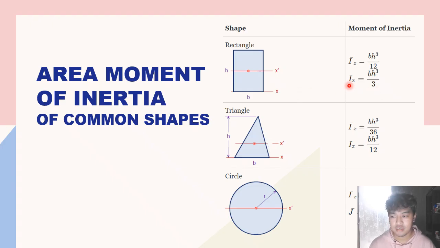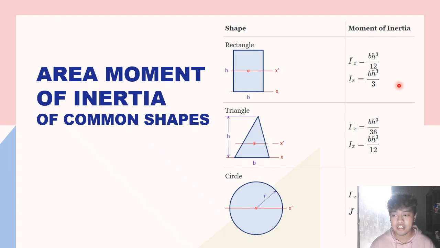Using the transfer formula, our new formula for the moment of inertia with reference to the x-axis is going to be h cubed over 3, hmm, that is, bh cubed over 3. And if you compute for Iy, that is going to be b cubed h over 3. So that is for the rectangle.